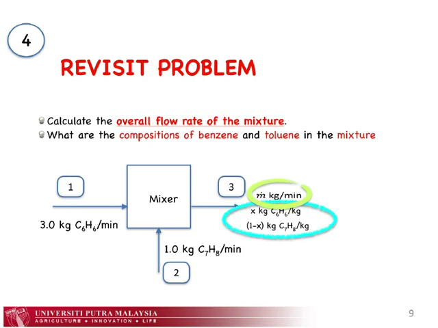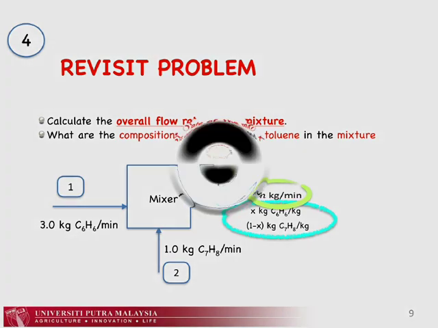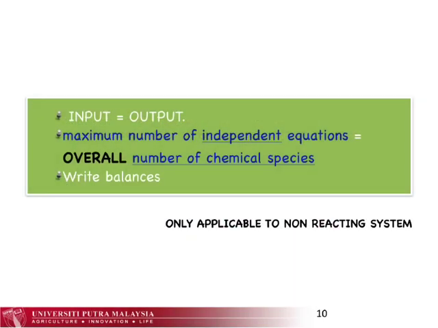Let us also check all the units involved in the calculation. Flow rate should have a unit of kilogram per minute, and mass fraction has a unit of kilogram of compound per kilogram of mixture. For non-reacting processes, the material balance takes the form of input equals output.